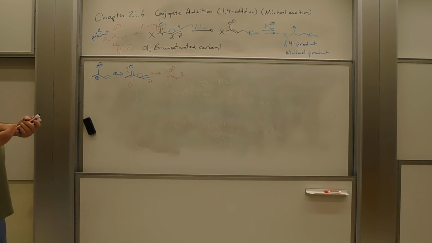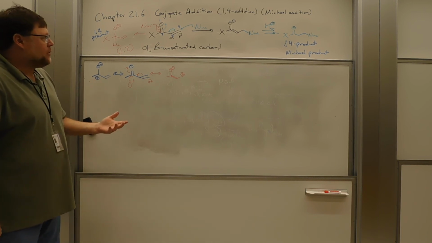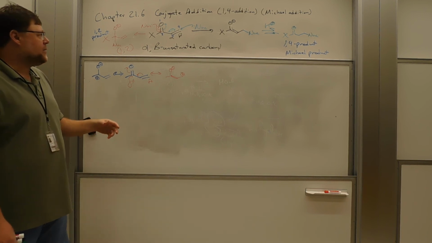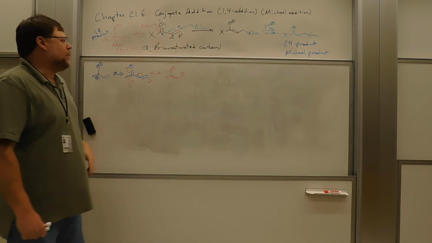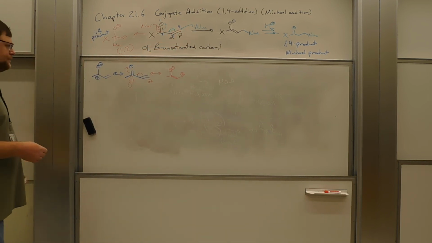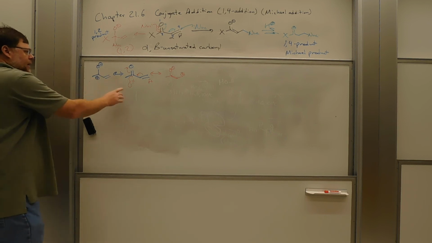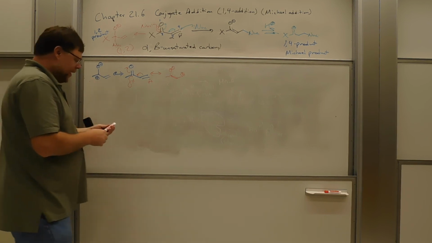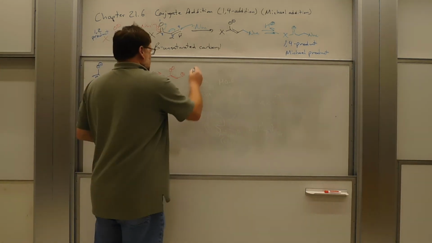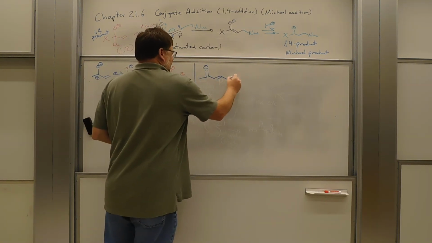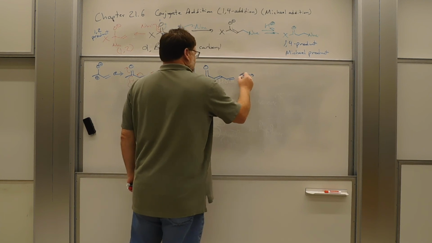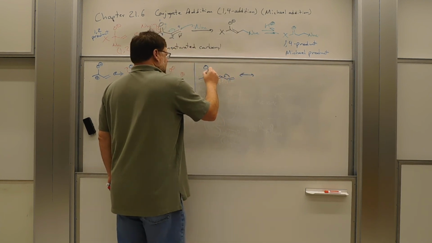Okay, so again, conjugate addition, sometimes called 1,4 addition, sometimes called a Michael addition, is when a nucleophile adds to the beta carbon of an alpha beta unsaturated carbonyl. And it can do that, and then this will alternate. So you could imagine 1,6 addition. Draw resonance structures here.